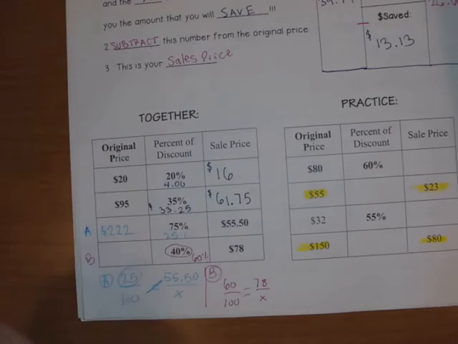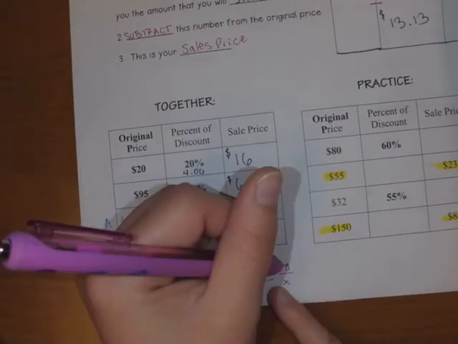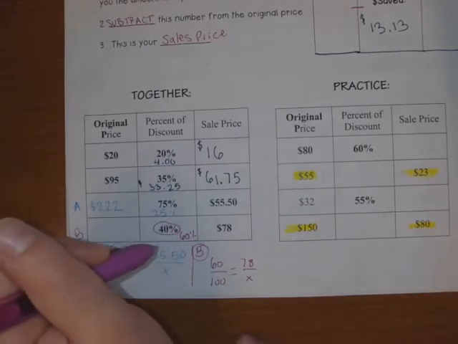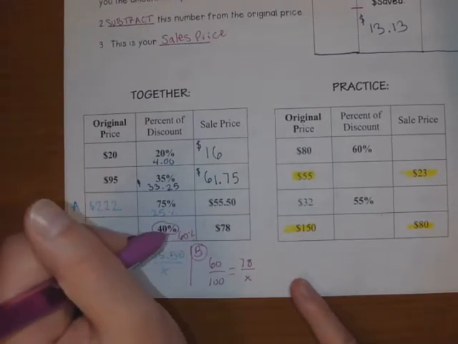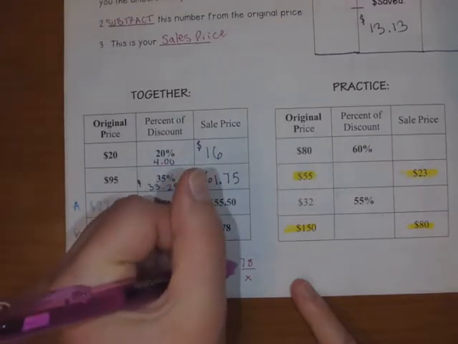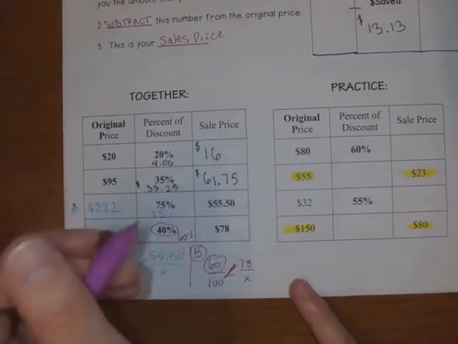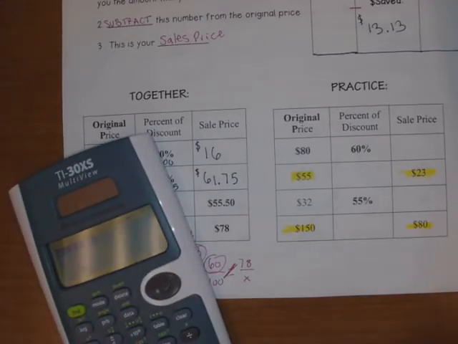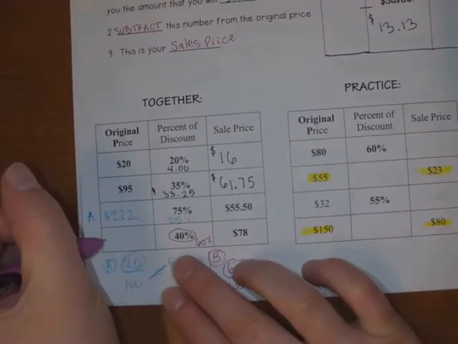We're used to doing it the other way, where the percent's right here, that's fine. But it's always the percent over 100. The only difference is in this case, it's the percent you're paying. It's not the percent you're getting discounted. Okay, and then you multiply those two and divide by 60. So you have 78 times 100 divided by 60, $130.